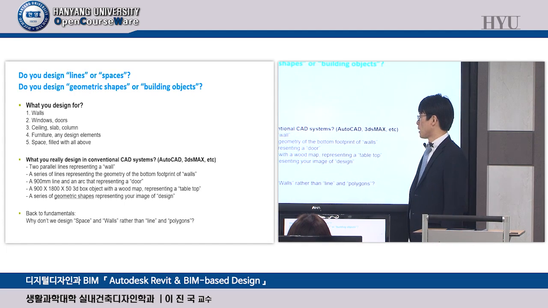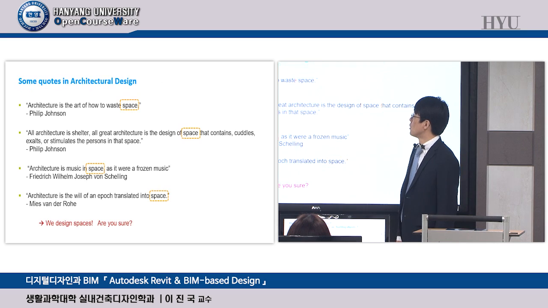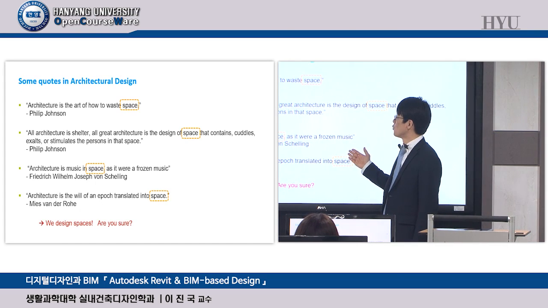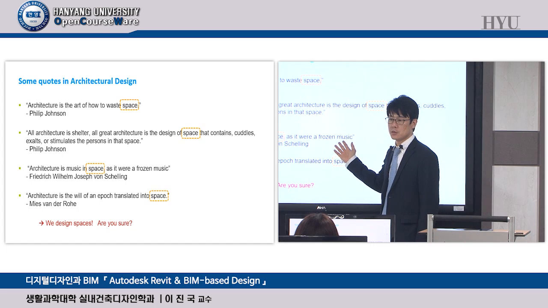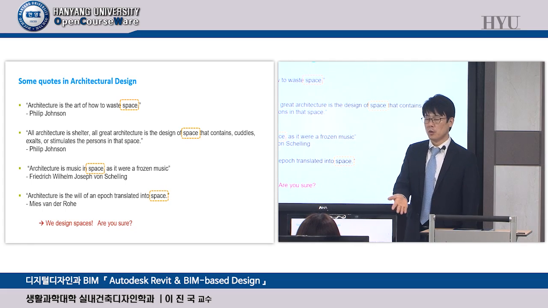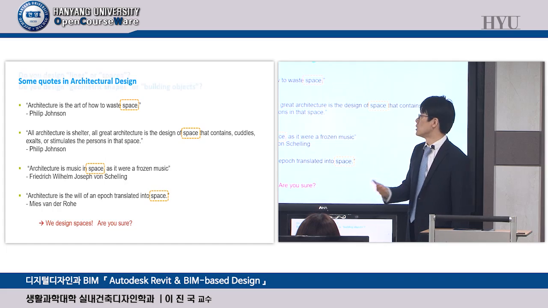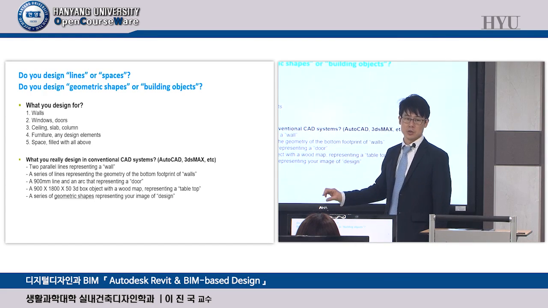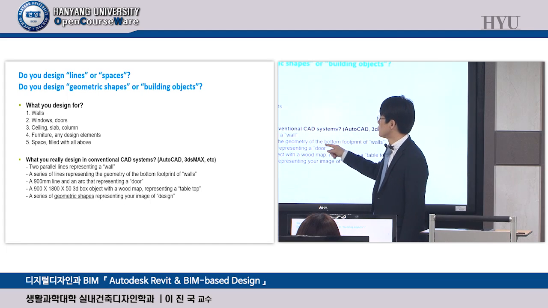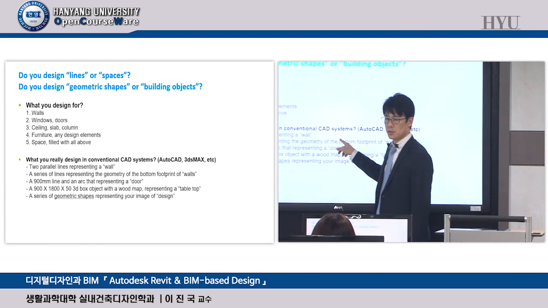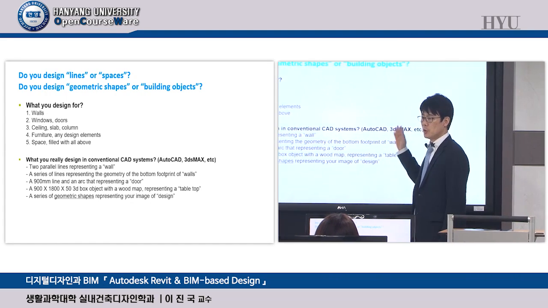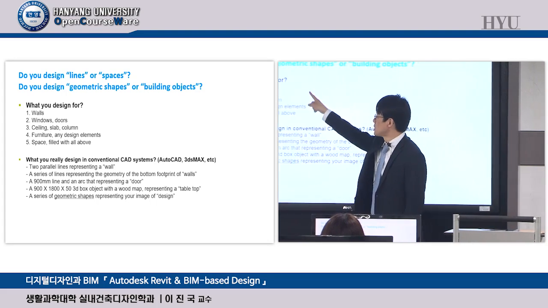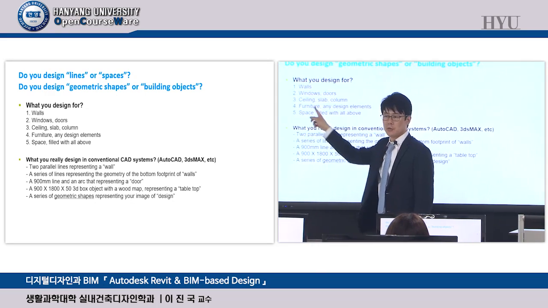So take a look. Architects mention we are dealing with spaces. But remember what you have done when you design. Space is void, empty, untouchable. So we made some parallel lines, symbols, notations, a bunch of polygons and surfaces, instead of real objects, including the space object, okay?